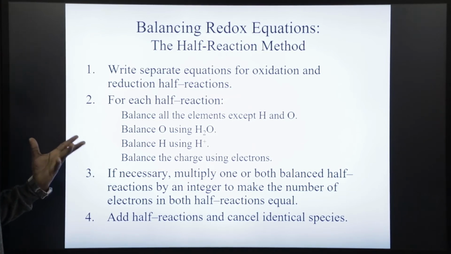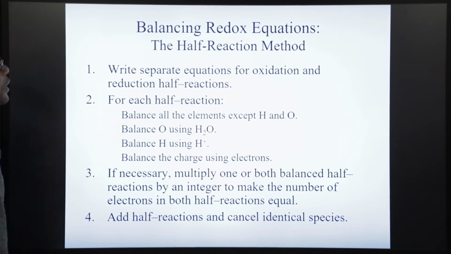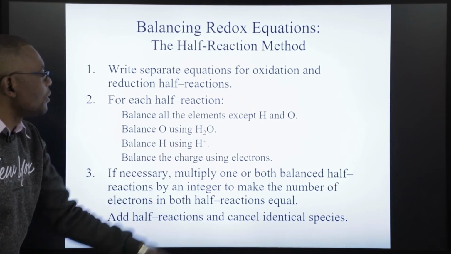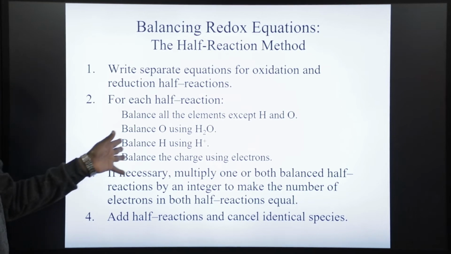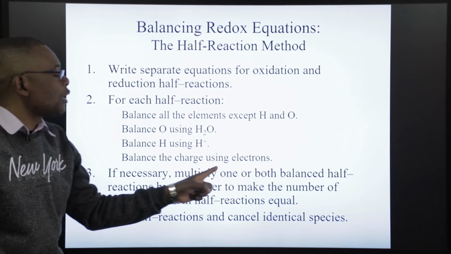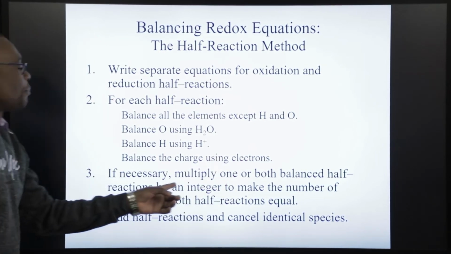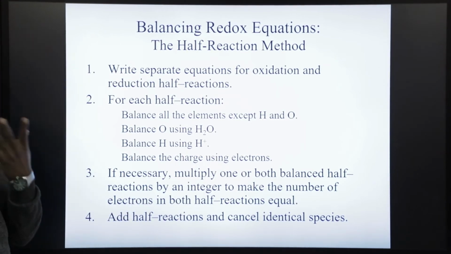So when you are doing the half reaction, you write separate equations for oxidation and reduction reactions, and for each reaction you balance all the elements. We have already talked about this. After balancing the charge using electrons, if necessary you multiply one or both balanced half reactions by an integer to make the numbers of electrons in both half reactions equal.